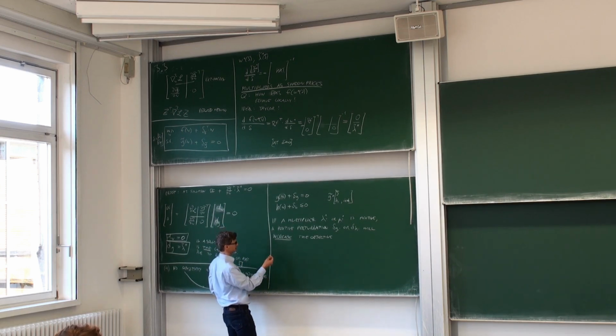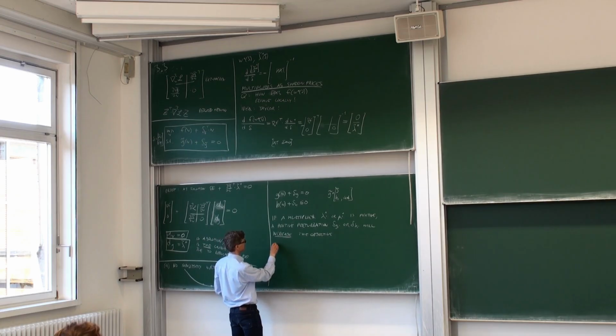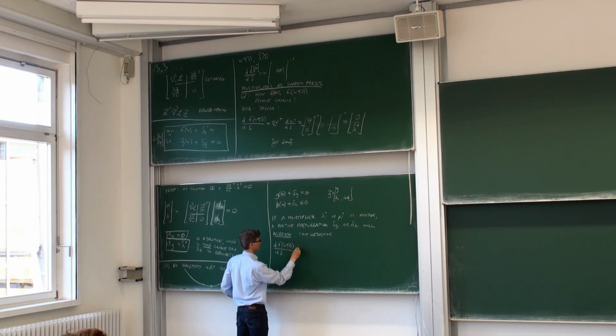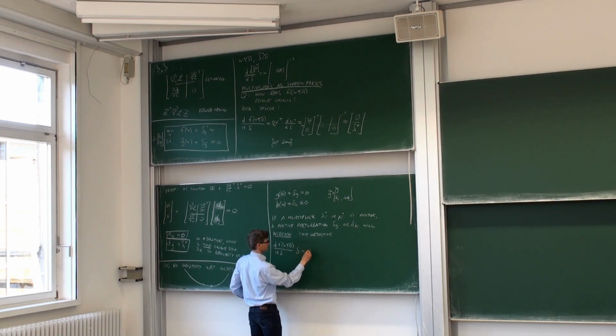Maybe to just write it explicitly, I would say the derivative of f at w star in the direction of a perturbation delta is nothing else than d g tilde, lambda tilde star times delta.